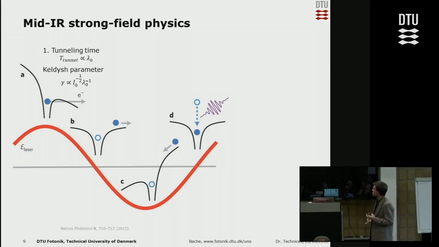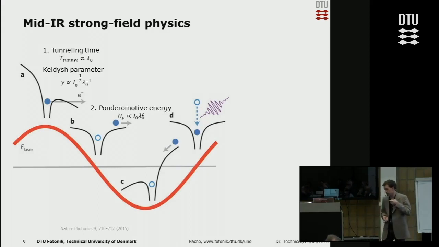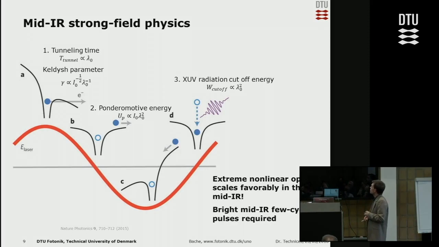So the tunneling time scales with the wavelength, which is also reflected in the Keldysh parameter, gamma, which scales as 1 over the wavelength. So large wavelengths give very small Keldysh parameters, which allows us to enter the tunneling regime. Then the ponderomotive energy that is given to the electron from the laser scales with the wavelength squared, and that also gives an increased energy to the extreme UV and X-ray photons that come out of this process.